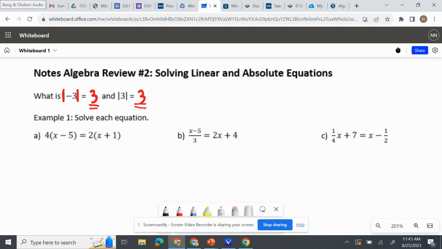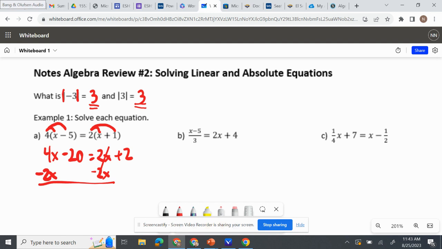Now for the linear equations, we're going to solve this by distributing the 4, and that gives us 4x minus 20. We're going to distribute the 2, and that gives us 2x plus 2. We're going to get the x's on one side, so I'm going to subtract 2x on both sides. That cancels the x on the right, so I get 2x minus 20 equals 2.